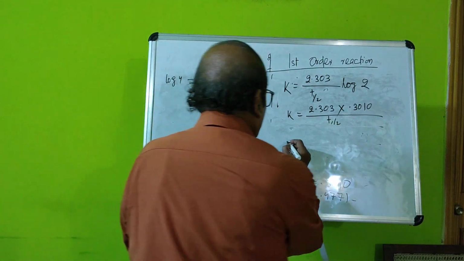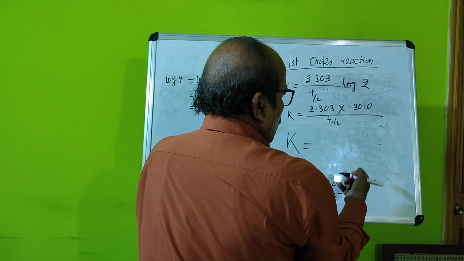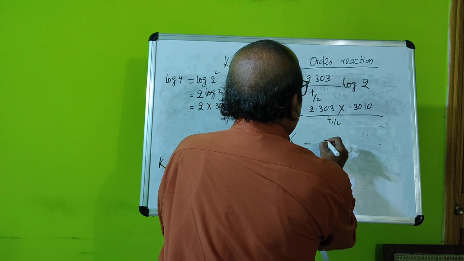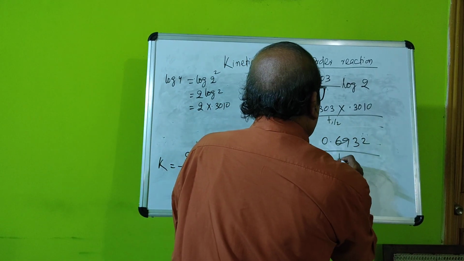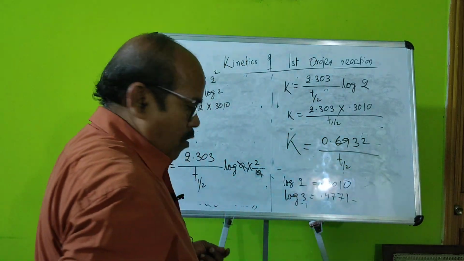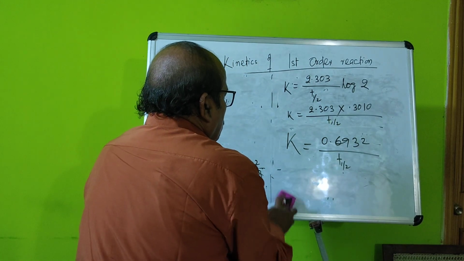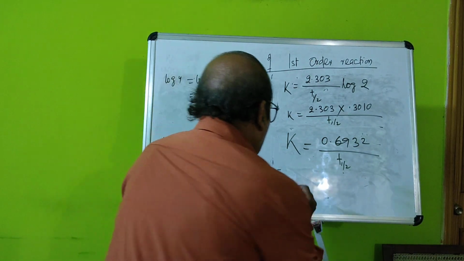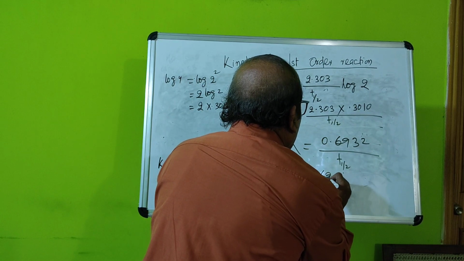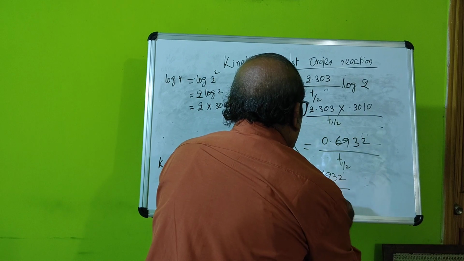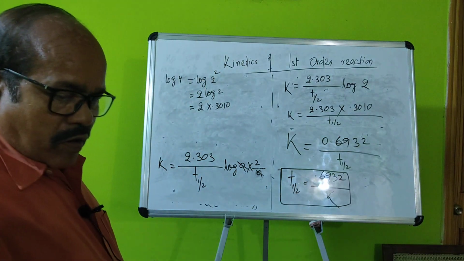The final value is, after multiplying 2.303 with 0.3010, it comes K is equal to 0.6932 by T half, or half life period T half is equal to 0.6932 by K. This is the value of half life period.